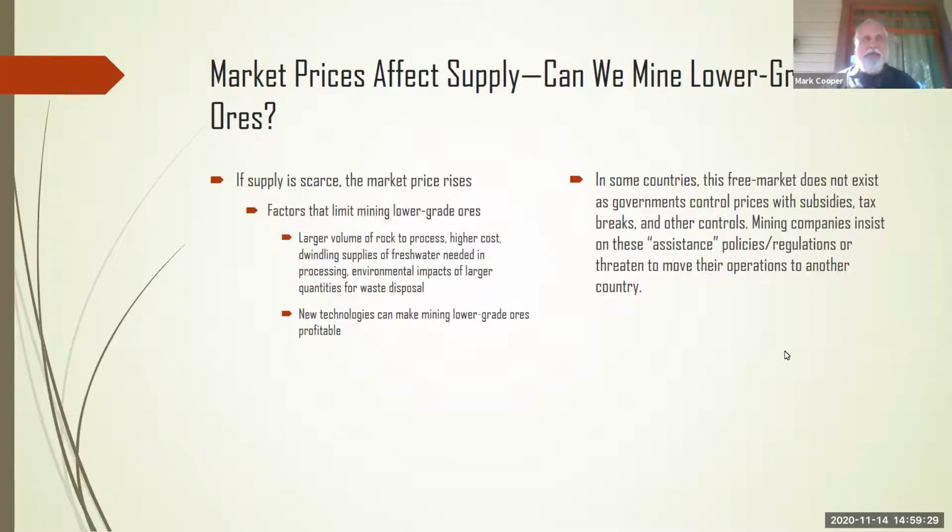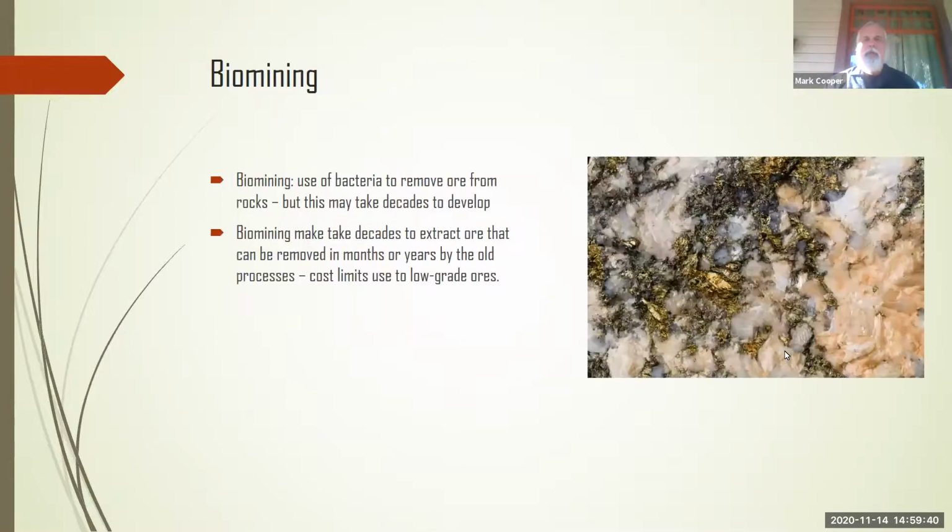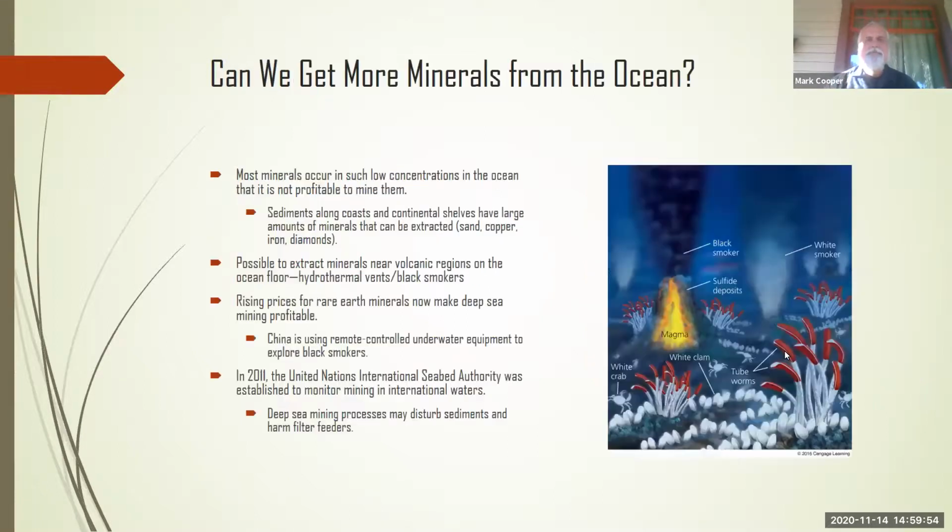So we really need to take an overall look, stop talking just market prices, and maybe, again, the sustainability issue is what makes common sense use. There's some biomining, instead of using things like cyanide, where you actually use bacteria. It's a lot slower process, but it definitely has a very low impact on the environment.